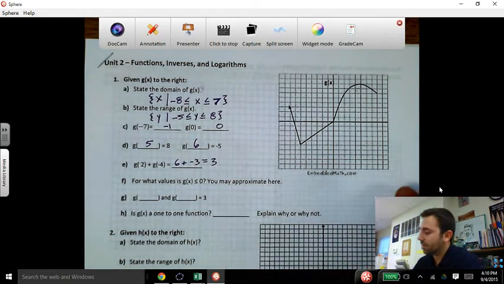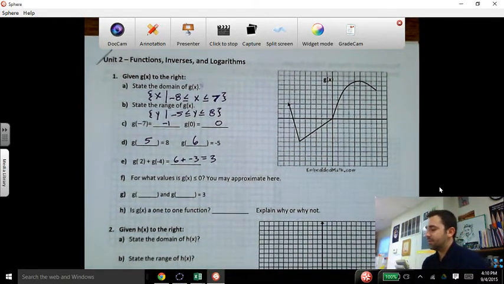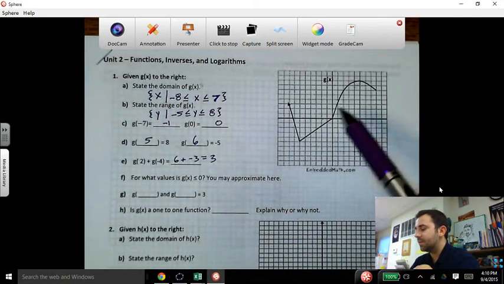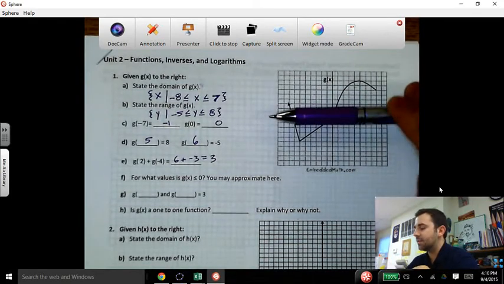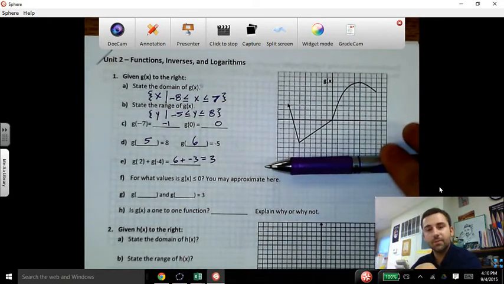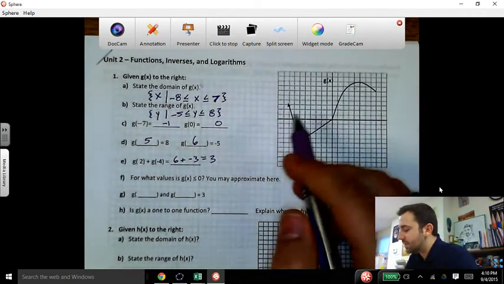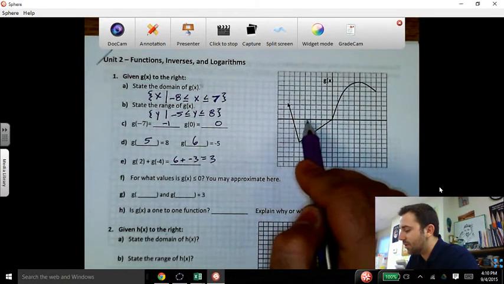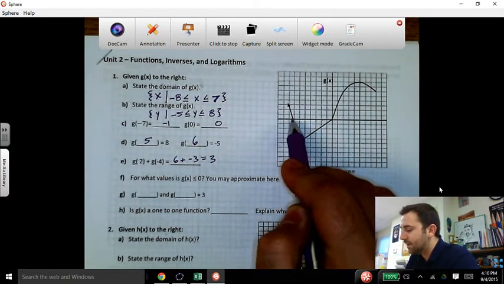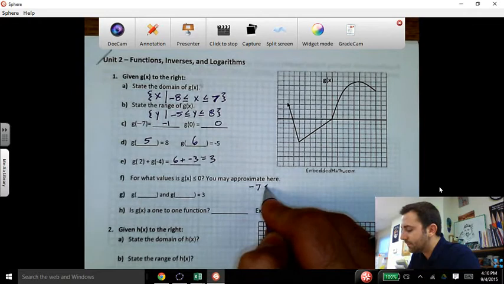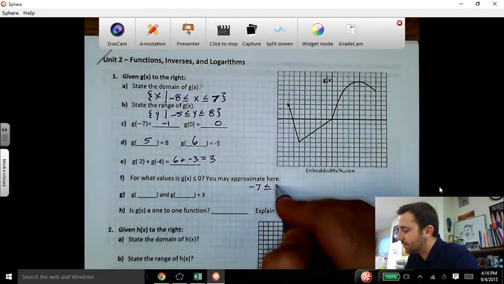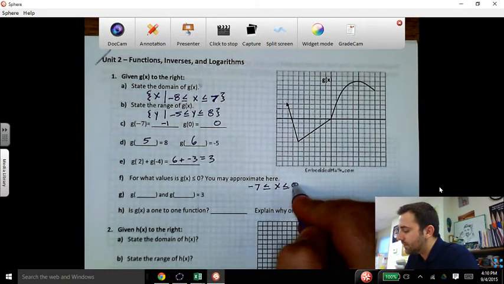Then in part F, for what values is g of x less than or equal to 0? Looking at this function, we want to say, when is the function below 0? When is it negative? In this case, it is between the values where it crosses, -7 and 0.